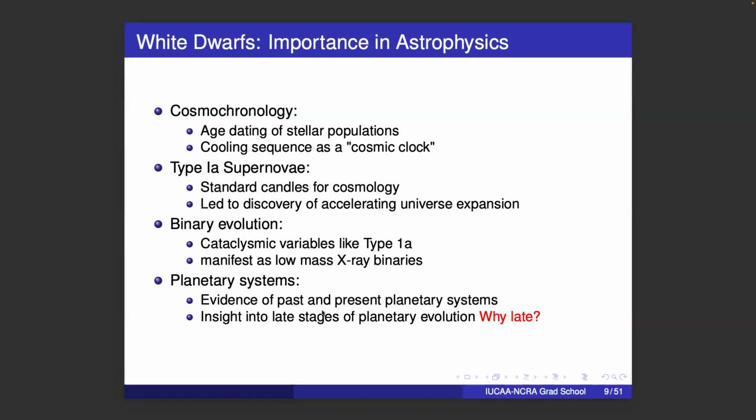So individual X-ray binaries can be seen with a high resolution X-ray telescope. And sometime later, I'll show you images of that. And those X-ray binaries are precursors to the type 1a supernova event.